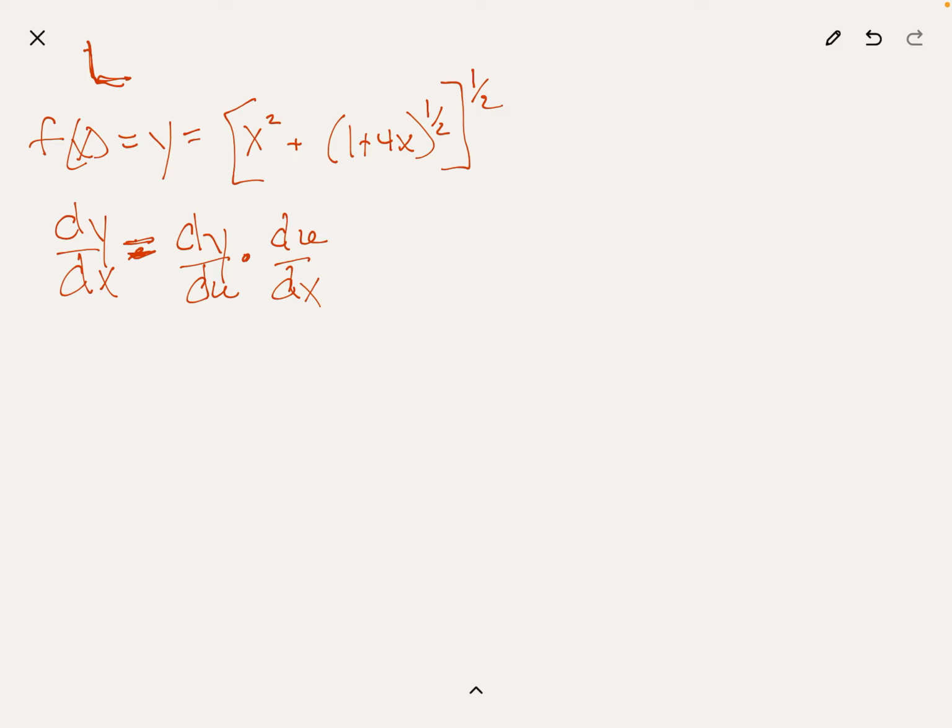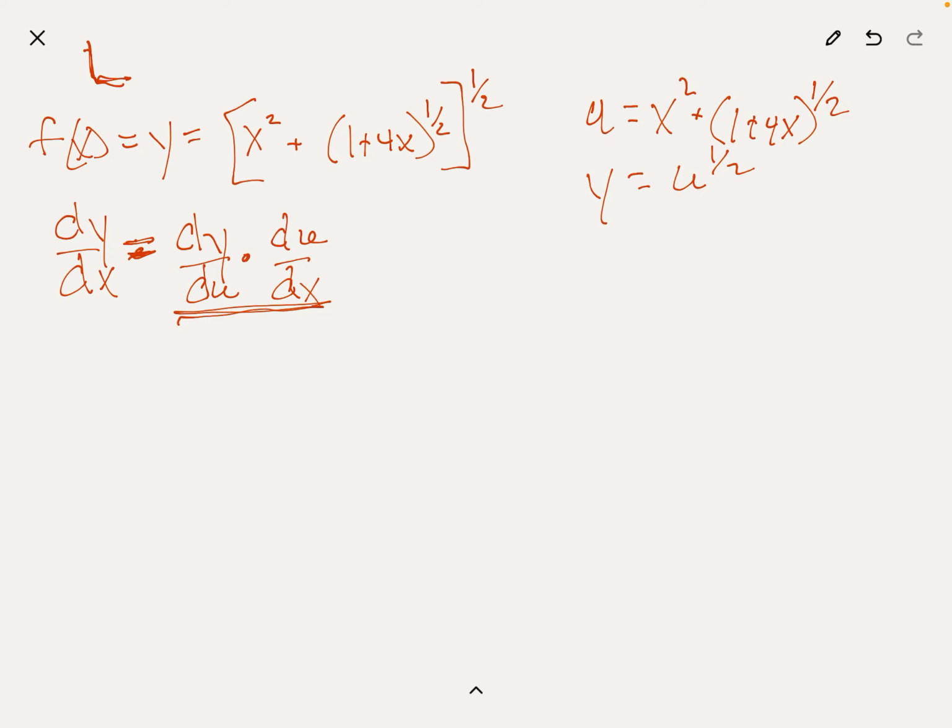Well, we have to. It's not a question of the best way. But if we're going to attack the problem with this approach, then we have to define u as x squared plus (1 plus 4x) to the 1/2. That's u. And so y equals u to the 1/2.